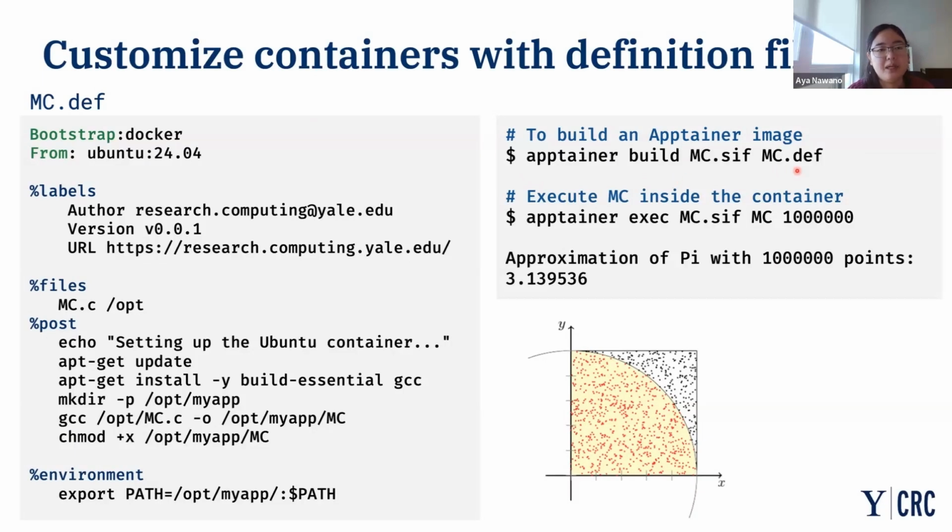And once it's built, you can run the mc command inside the container. So for example, apptainer exec mc.sif mc 1000000 will execute mc 1000000 inside the container and then generate the approximation of pi with 1 million points.